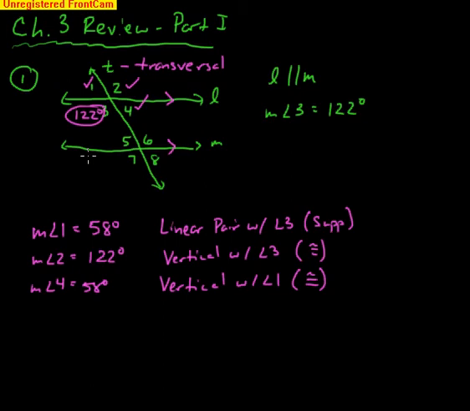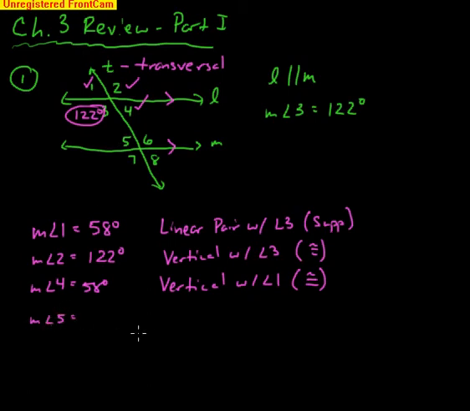Those don't really require the four new relationships that we're talking about. But now let's talk about the relationships. I'm going to use all four of these and use one of the four relationships that we've learned. So let's start with the measure of angle 5. I'm going to use that angle 5 is a same side interior angle with angle 3.